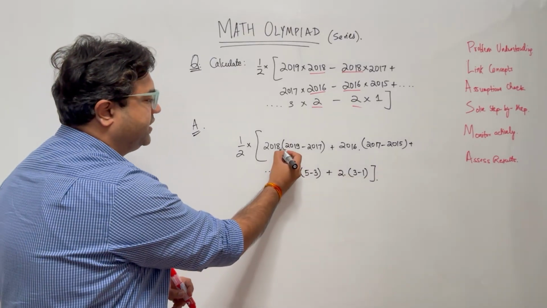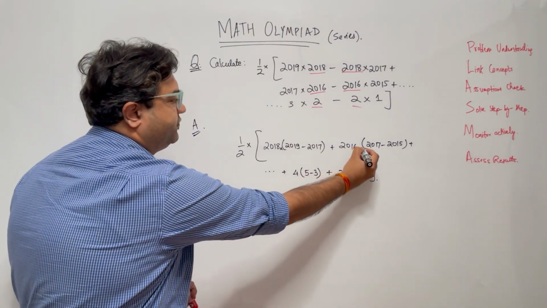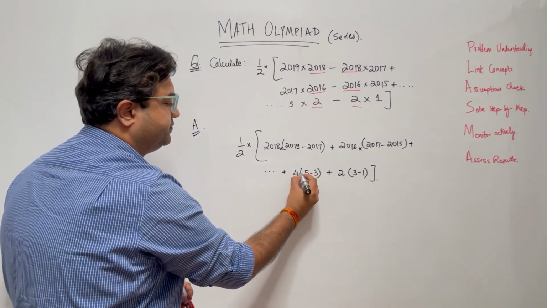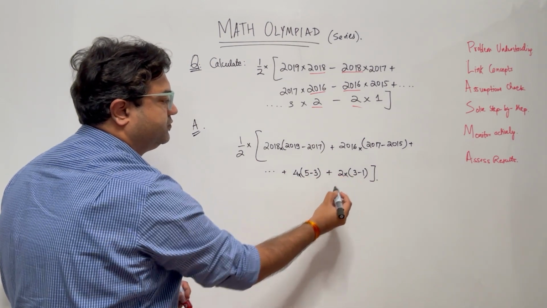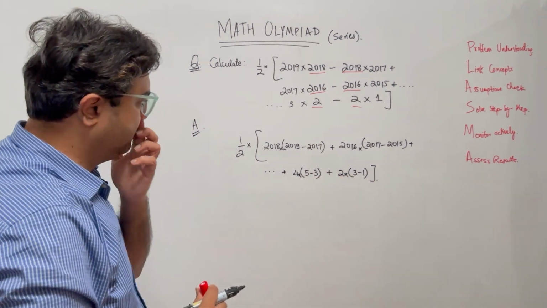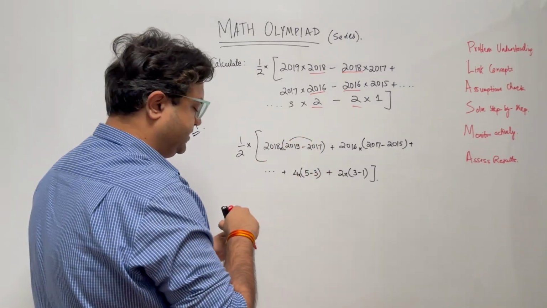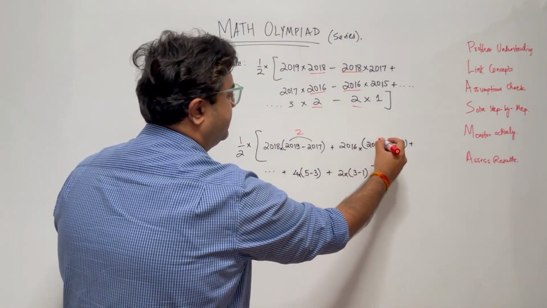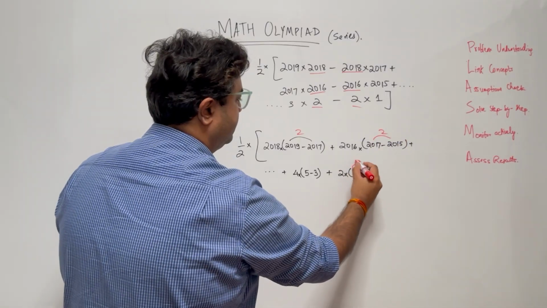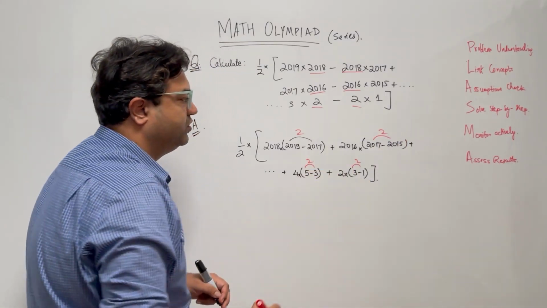So all these dots are actually the multiplication. These are the factors taken out. So what we're seeing now is the difference is 2.